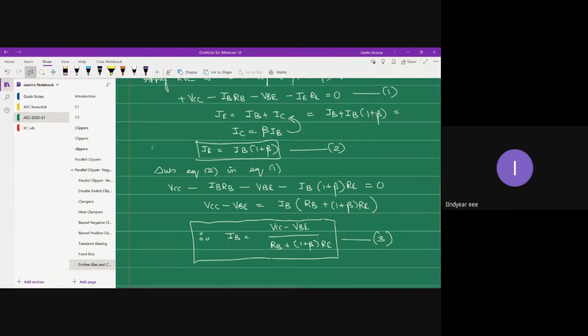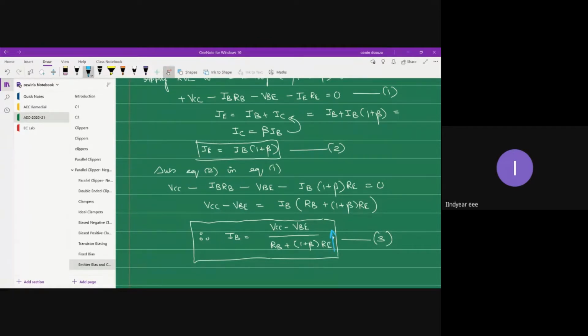So what is the effect of this beta term? Let's say, due to an increase in temperature, beta value rises. What happens? The entire denominator term becomes bigger, because beta is getting multiplied with RE, and the entire denominator value starts increasing.